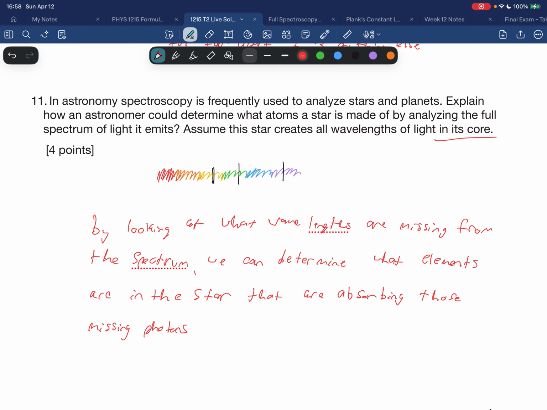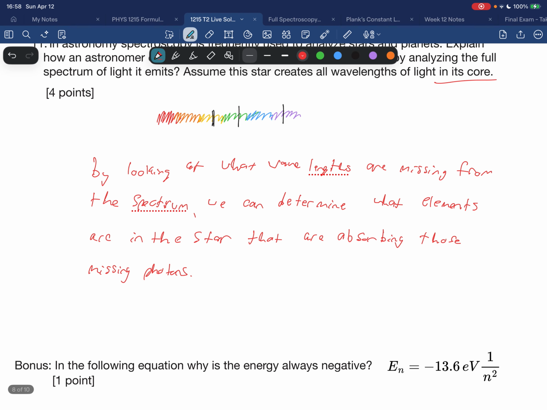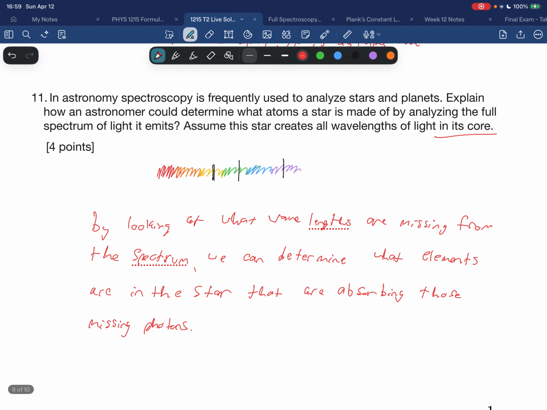So all these spectra that we have been looking at so far, they are both absorption and emission spectra. So that was the key to this one here.